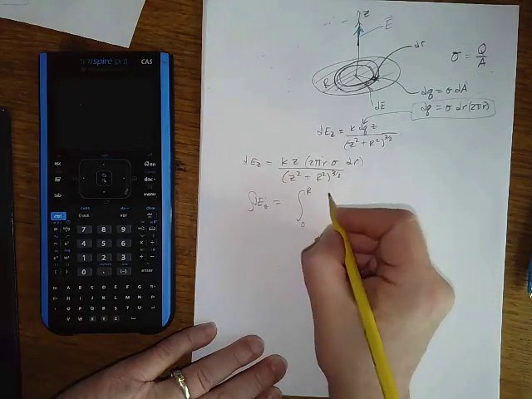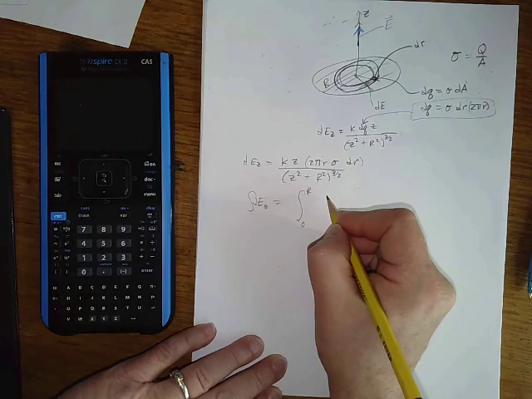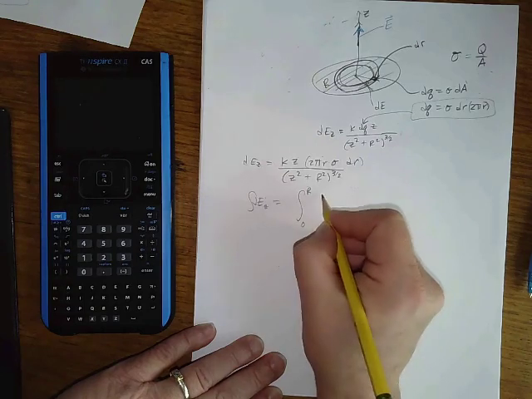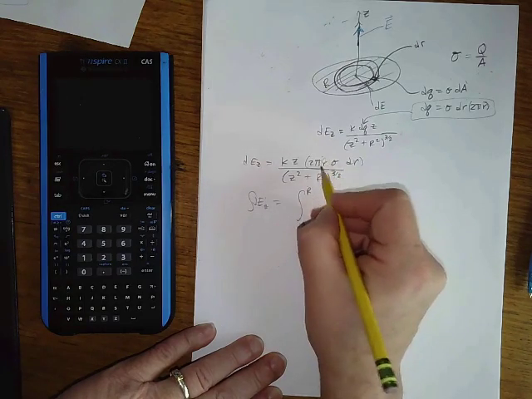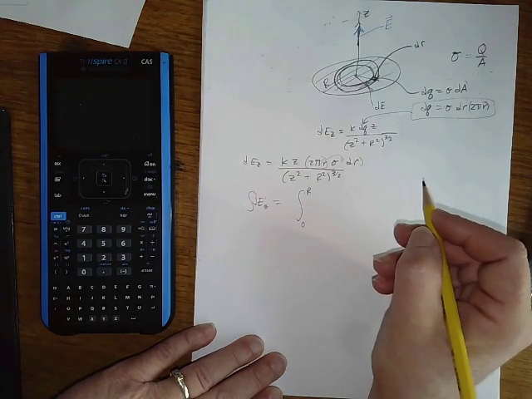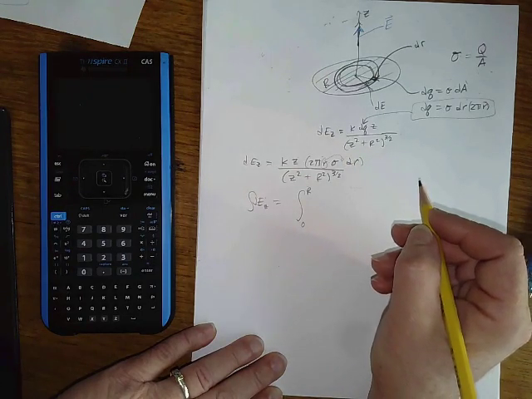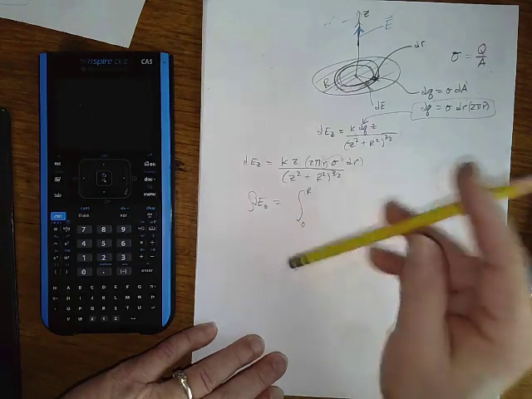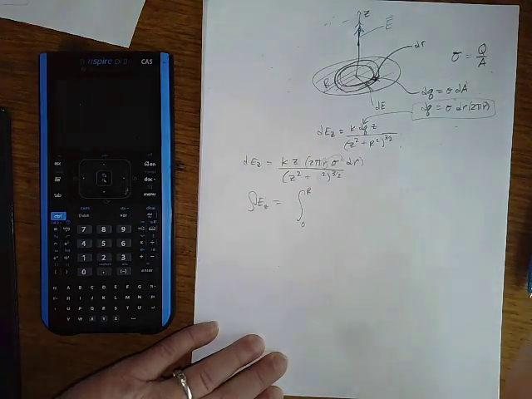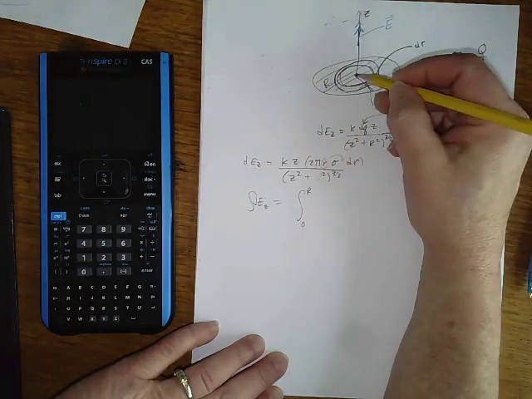Okay, and so I guess we'll just write it here, thinking about what's going to pull out. We have to think about what's constant and what's not for our ring.